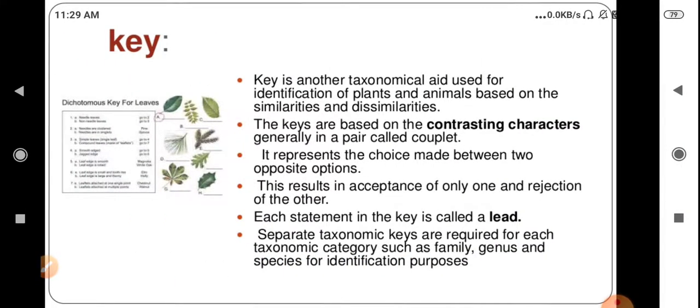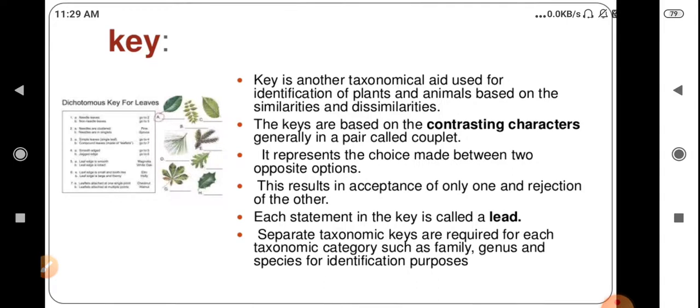Now the last one is the key. A key is another taxonomical aid used for identification of plants and animals based on similarities and dissimilarities. Here you take contrasting characters and pair them in a couplet.